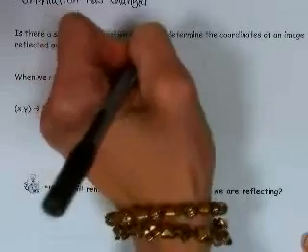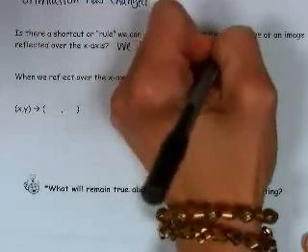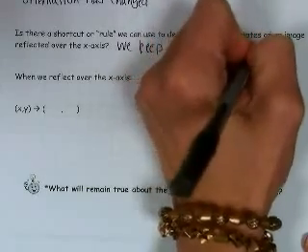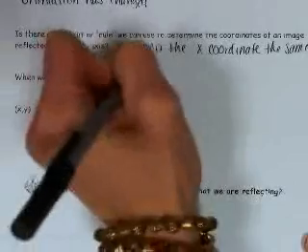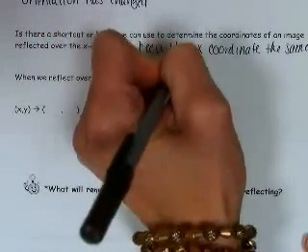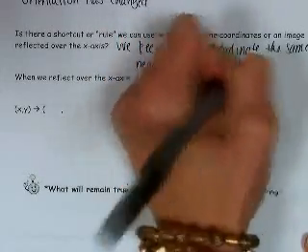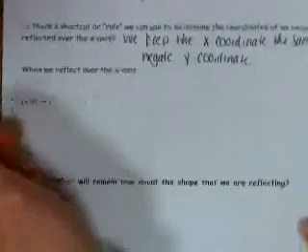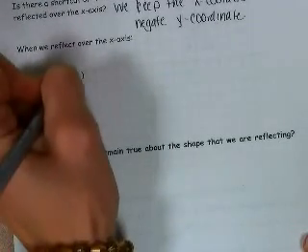We keep the x-coordinate the same, and we negate or change the sign of the y-coordinate. So what this looks like is (x, y) becomes (x, negative y).